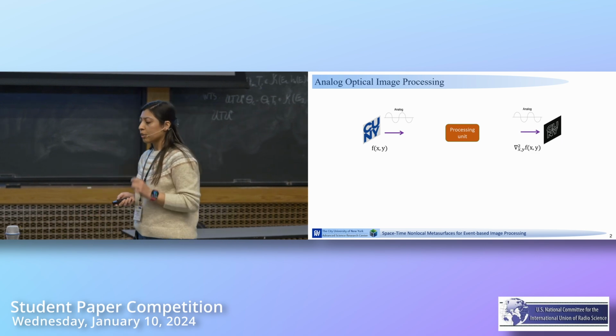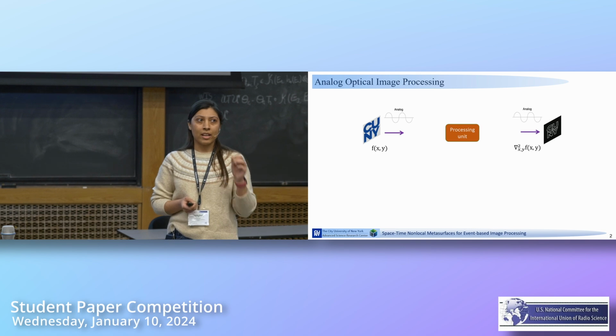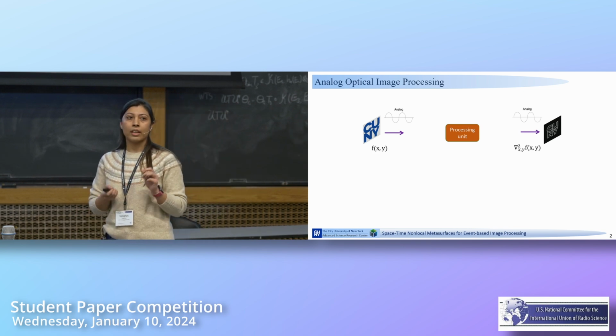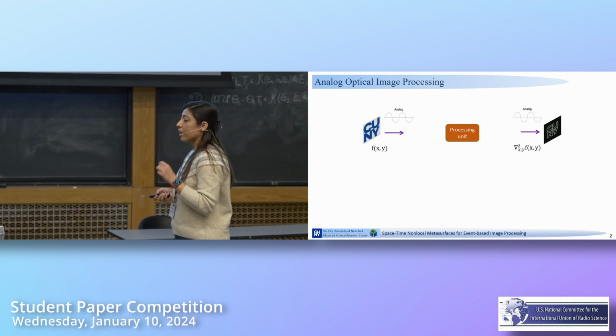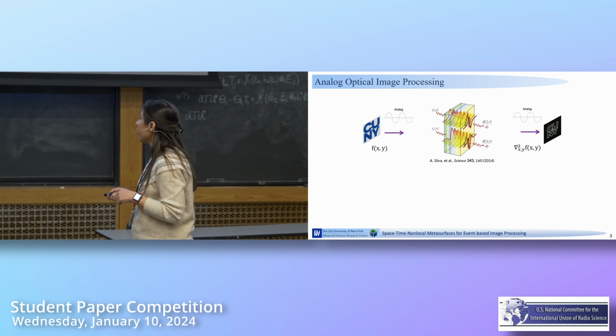So if we do differentiation on a spatial profile of an image, then we can transmit only the edges of that image. And that means we can reduce the energy consumption and the memory requirements, and we can improve the resolution in time and space.